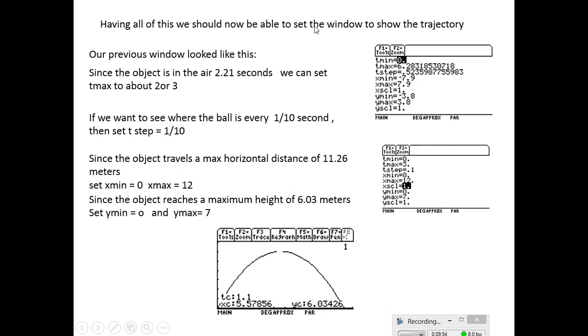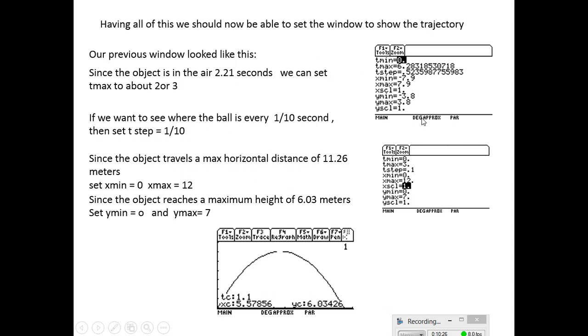So let's see what we have to do here. We may have to change our window settings, because for one thing, we have this ball in the air for a total of 2.21 seconds. So we can see that the T max is going to be somewhere between 2 and 3.